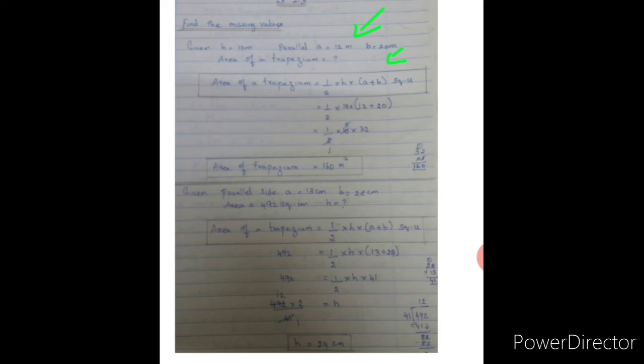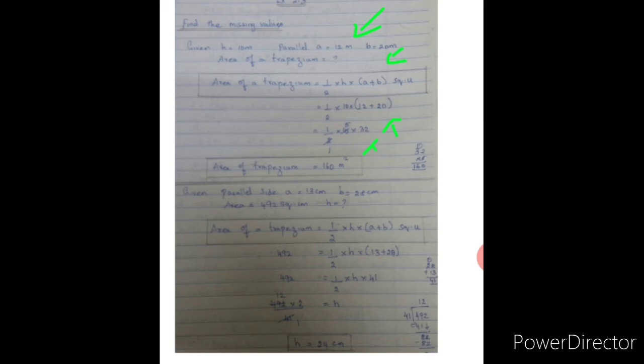Substitute the values in the formula. Half into, in the place of height you have to write 10 meter, into the parallel sides given in the question as 12 and 20. So 12 plus 20. The first step is add the given values in the bracket. 12 plus 20 gives you 32.